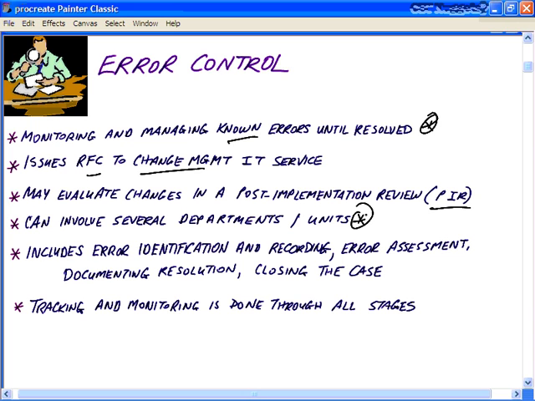Error control also includes identifying errors, recording the errors, assessing the errors, documenting the resolution, and then ultimately closing the case. And during all the stages, we'll be tracking and monitoring, either in an automated fashion, using a product, let's say, from Computer Associates or Hewlett-Packard or Cisco, or it can be done manually with some proprietary system.